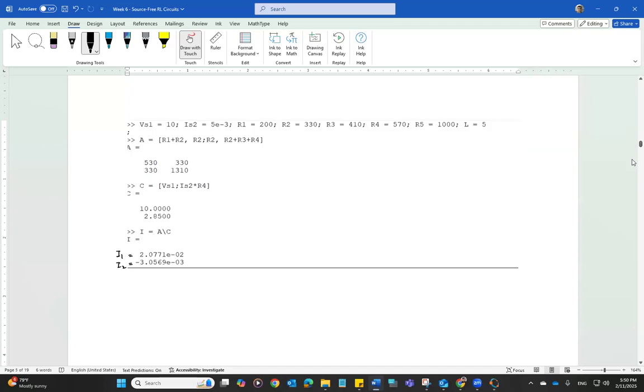All right, so these are my two currents, and then my current I0 is I1 plus I2.